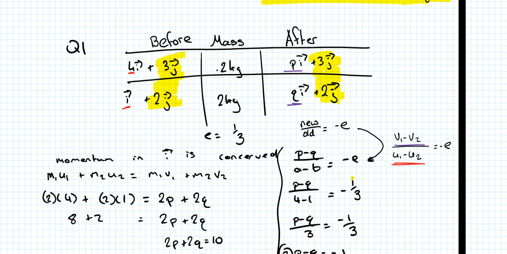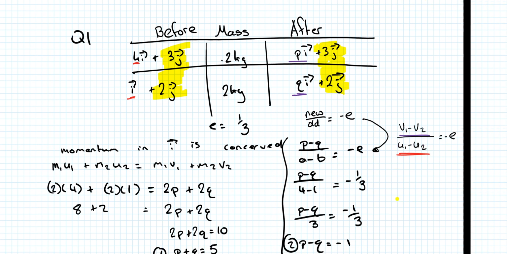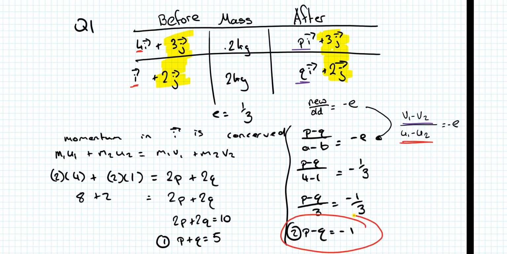So right here you'll notice, after filling that in, where a and b come from the 4 and 1, we have one equation with two unknowns. So the second thing that we do is use conservation of momentum. We know that momentum before, now this is momentum, 4 times 2 and 4 times 1.